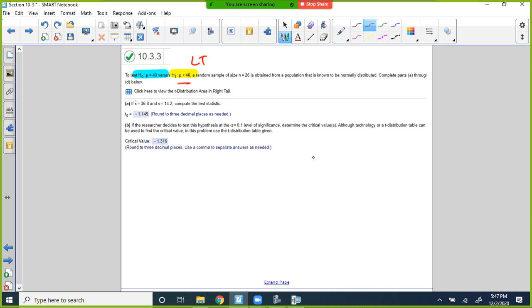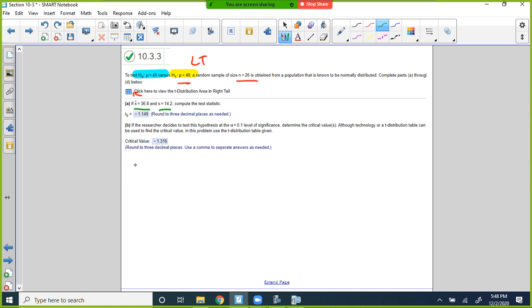That'll help us draw, right? Our sample size N is 26. And you can click here to find the T distribution for the critical values, right? I highly recommend you do that, but we're going to calculate it on the calculator as well. They give us X bar and the standard deviation of the sample, right?